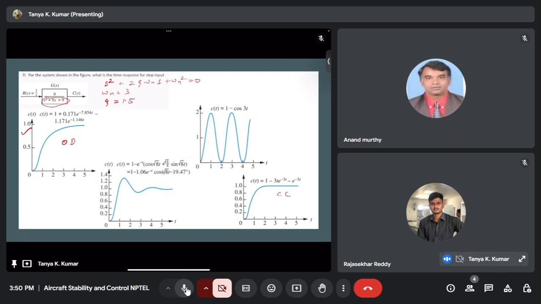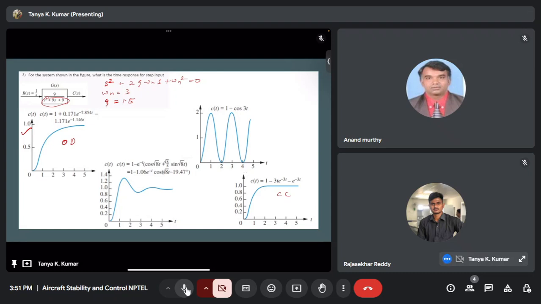That is basically the question, right? You can use the omega and damping ratio values that we just found to help you with coming up with the equations. So it's the same fashion as the previous questions.